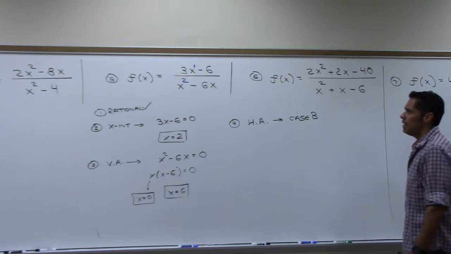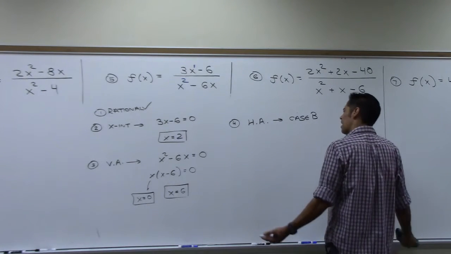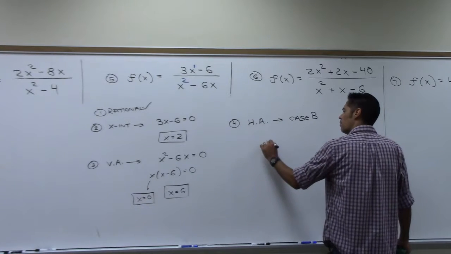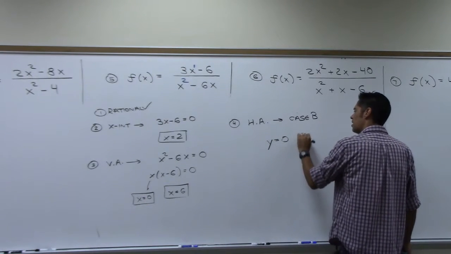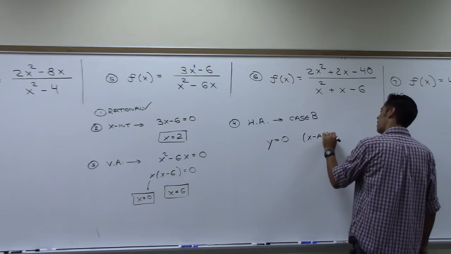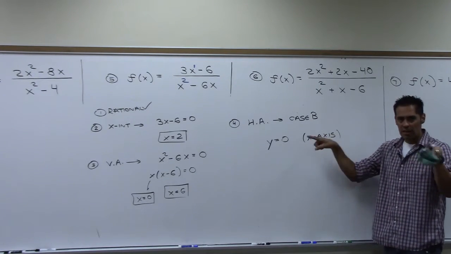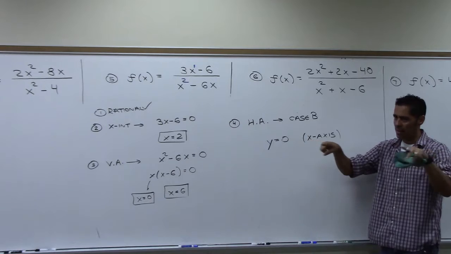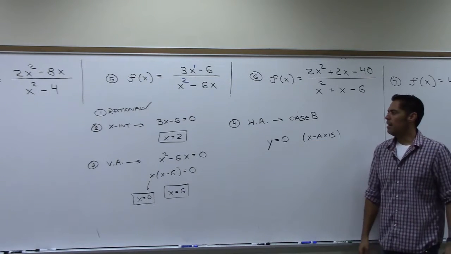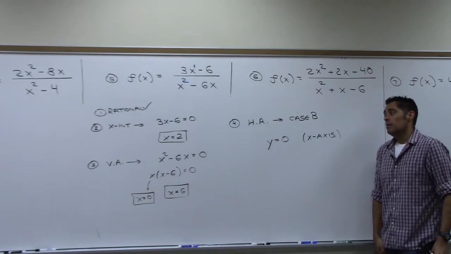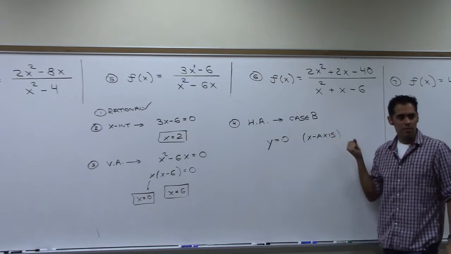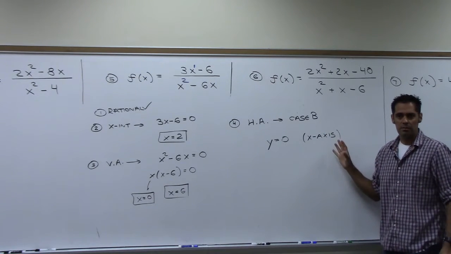Case B, and what is case B? What do we get? Y equals 0, which is the same as the x-axis, right? This is the only time that it's the x-axis. We draw this only at the ends, dotted lines, only at the ends, and those pull our function down towards them at the edges. That's what it does.